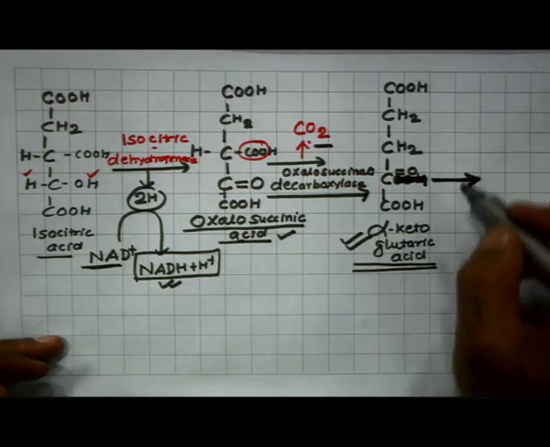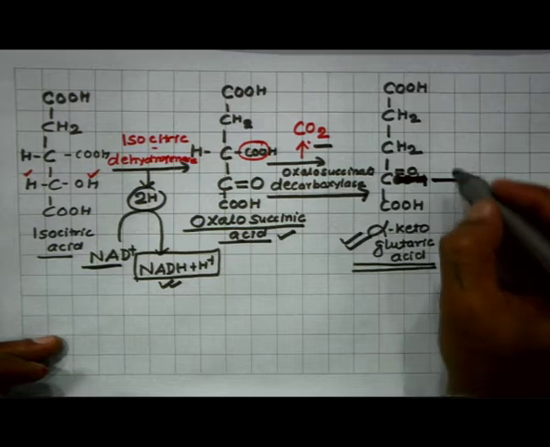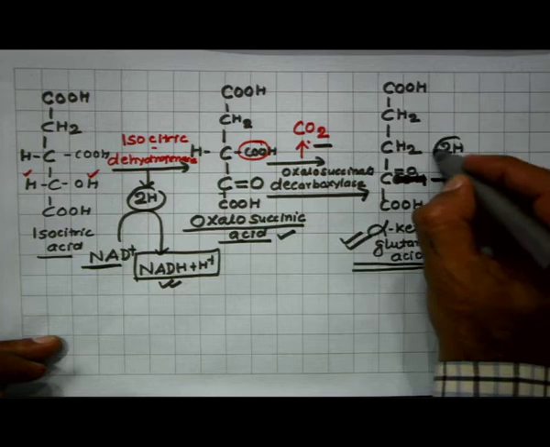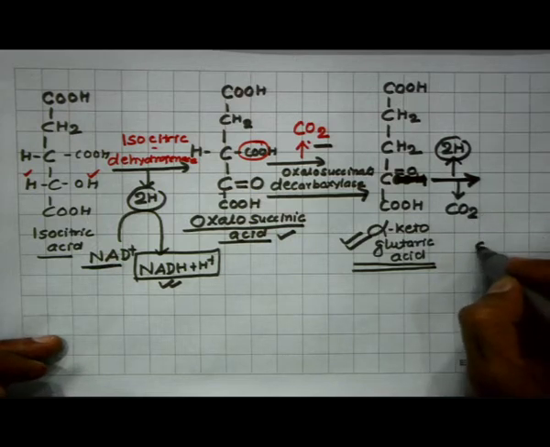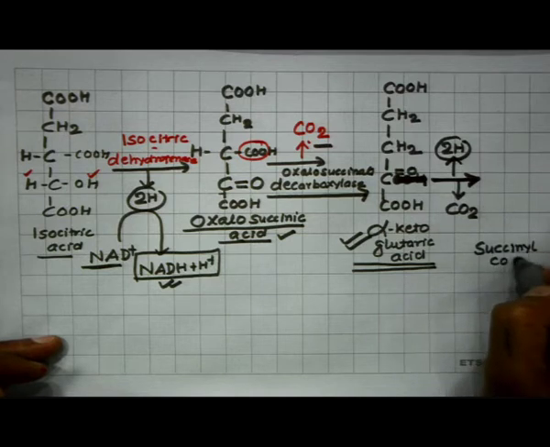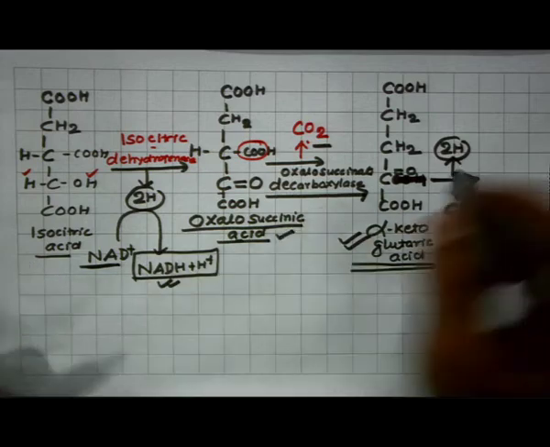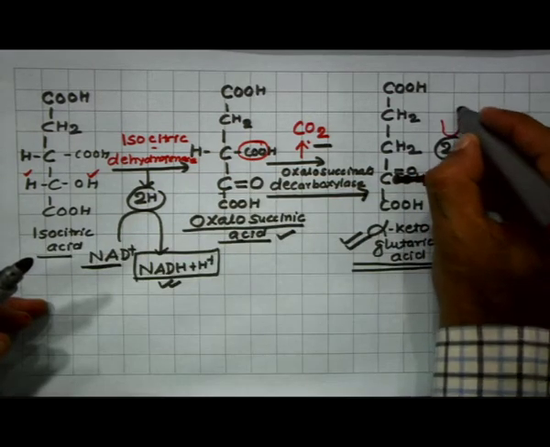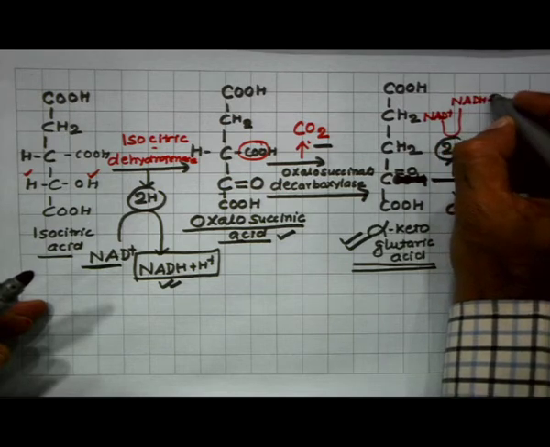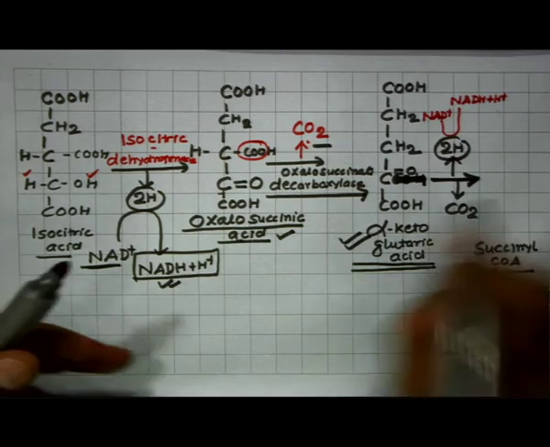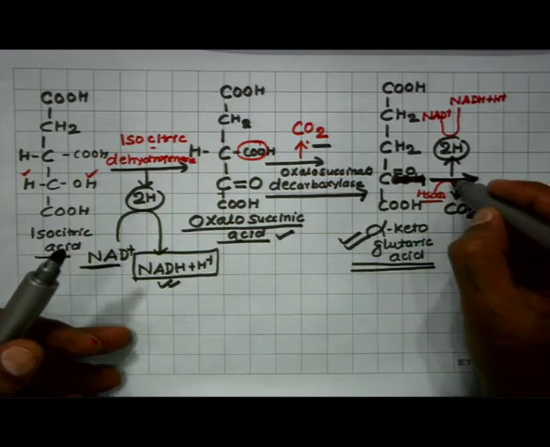In the next step, in this alpha ketoglutaric acid, first of all 2 hydrogens are removed, and in that case carbon dioxide is also removed, and the product will be succinyl coenzyme A. This hydrogen is accepted by NAD plus and is again converted into NADH plus H plus, and the product is succinyl coenzyme, and we are going to add HSCoA as the precursor of succinyl coenzyme.